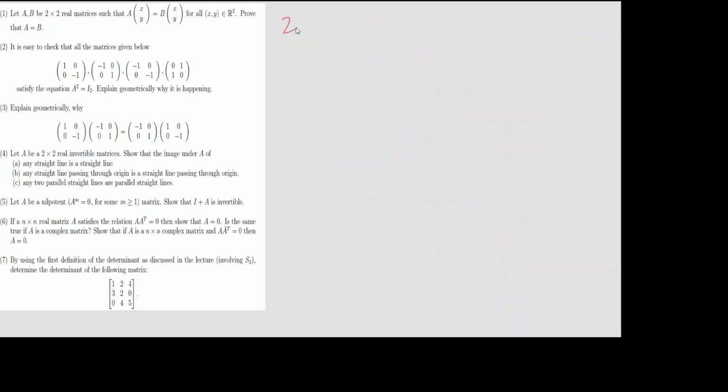In question number 2, we have to explain geometrically why this involutory matrix satisfies A squared is equal to identity. That means we have the self inverse of the matrix. We have 2 by 2 matrices.